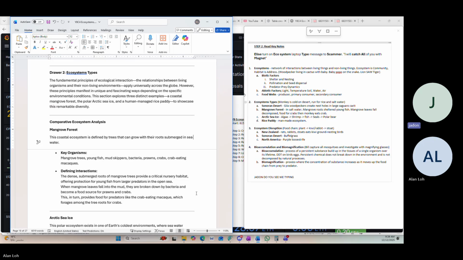I'm done reading. Right. So this is this part, mangrove forest.